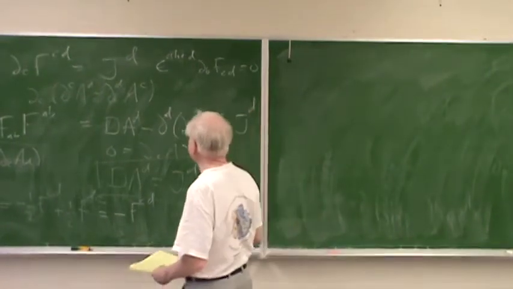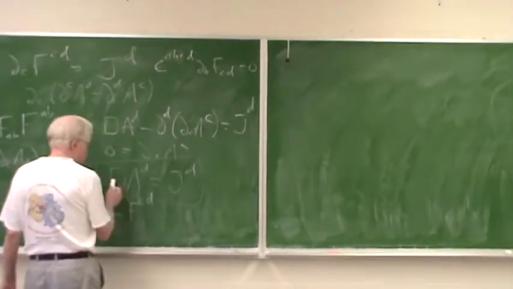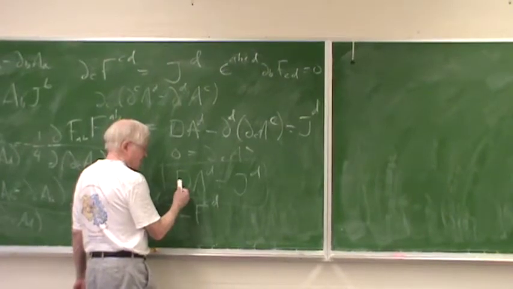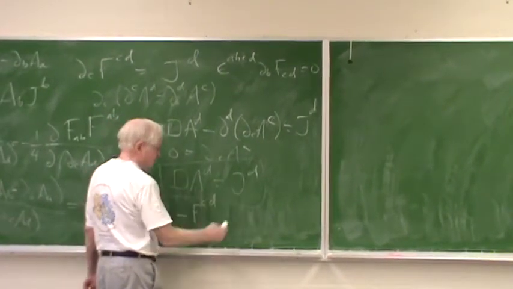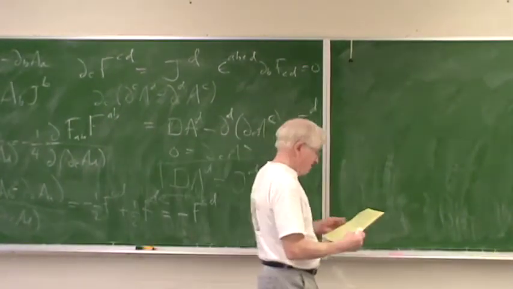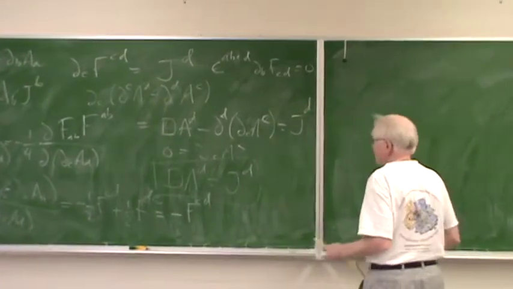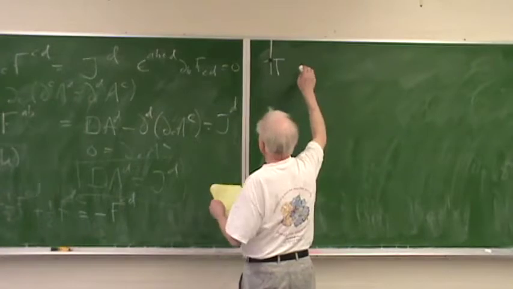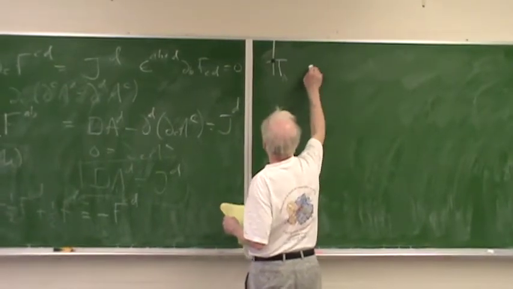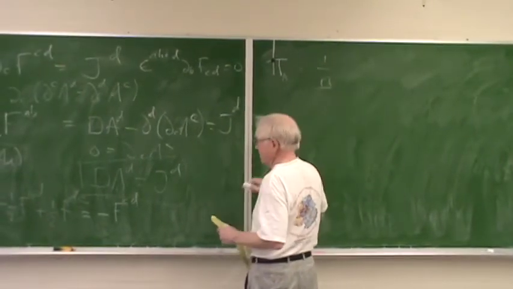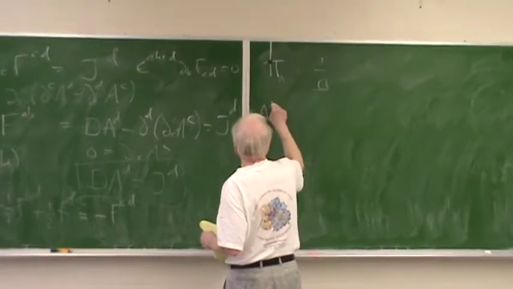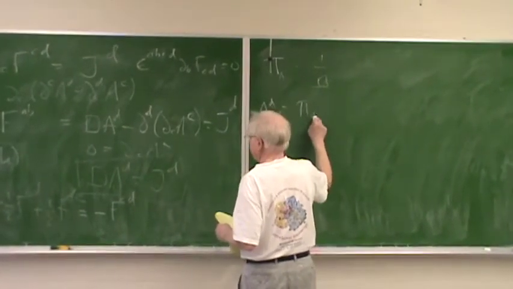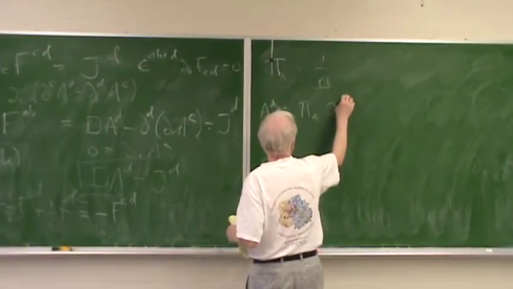In this case, we have box, a differential operator linear in A, equals something, and so there is a solution. If we call the propagator for the electromagnetic field just 1 over box, then we can write this as AD equals the propagator on JD.